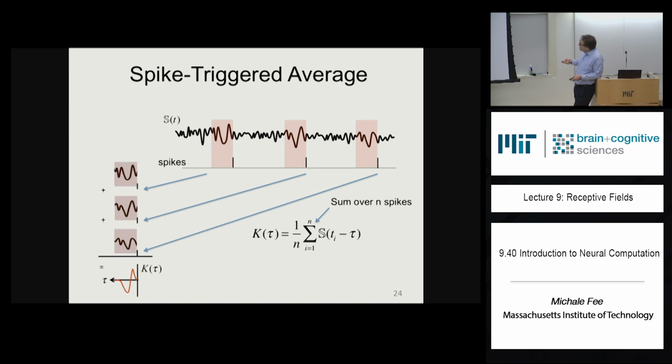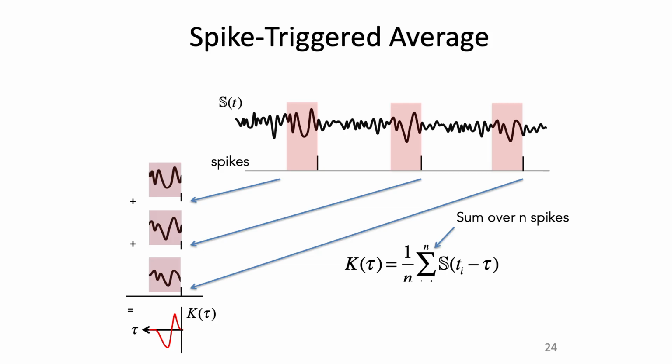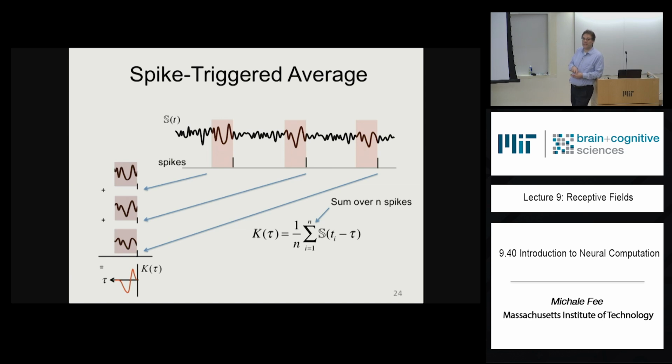And we're going to average them over all the spikes, all the n spikes that we measured, okay? And that k of tau is going to be the spike-triggered average, and in many cases, it's actually the linear kernel, okay?